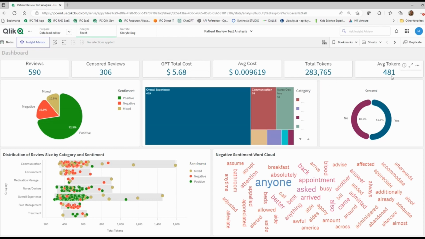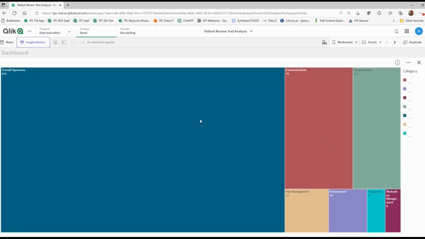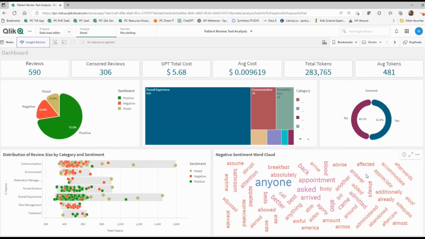This is the number of tokens and the average tokens processed per request. Out of those, this is how many positive reviews we have, this is how many negative and mixed reviews, and these are the categories that were found. If we maximize this, we will see that overall experience is the most common category of review, and then we have communication, nurse, doctors, pain management, environment, treatment, etc. as less common categories.